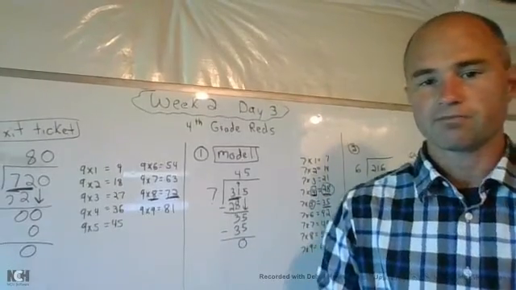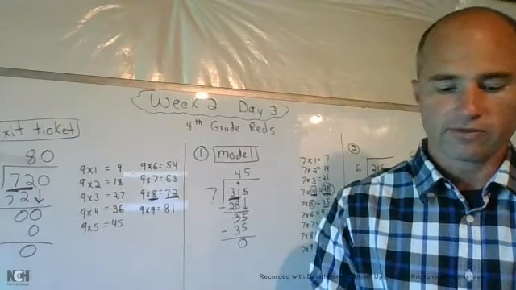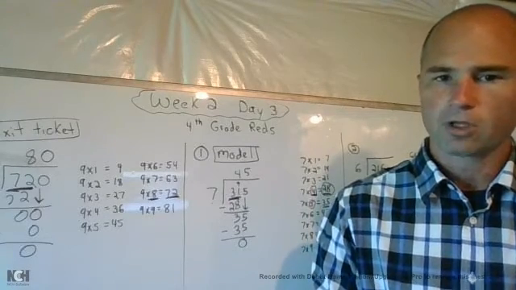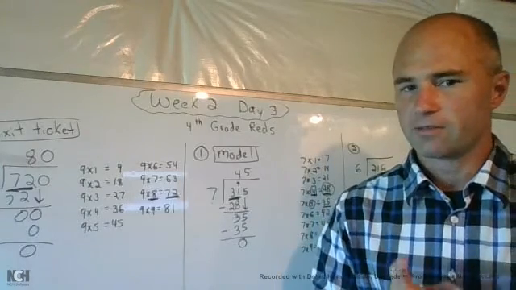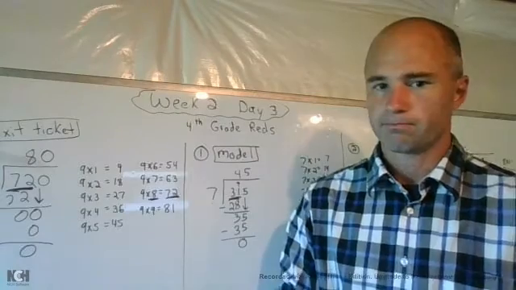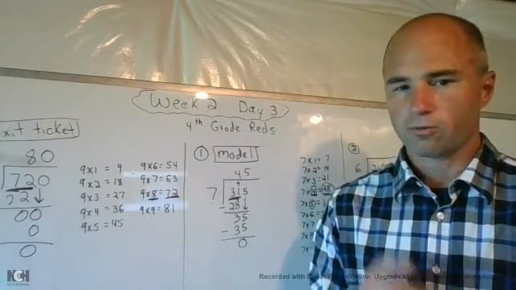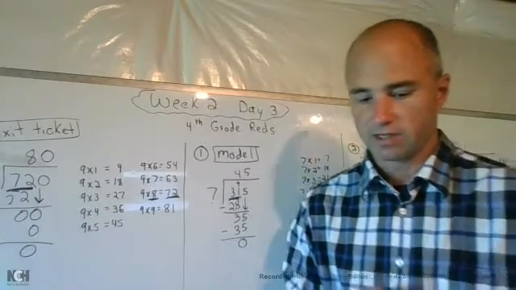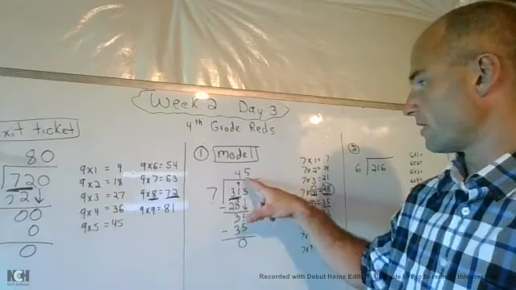Now, in your packet, you'll see it says 47. Where's the mistake? Can you identify the mistake made? What do you think? Why do you think it was 7 that was written there? It said 47, not 45.